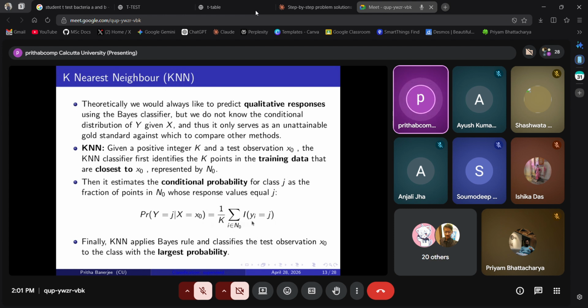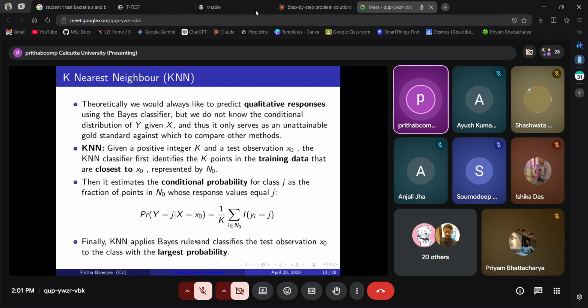Whichever class has the highest count in the neighborhood, the point x gets that class. So this is a generalization. Finally, KNN applies Bayes rule and classifies the test observation x0 to the class with the largest probability. So you can see how it relates to that main concept of probability.